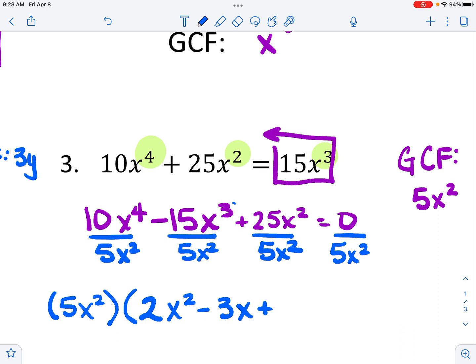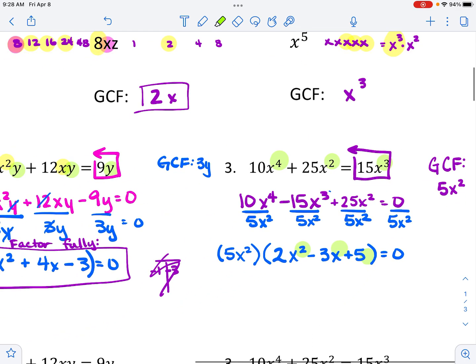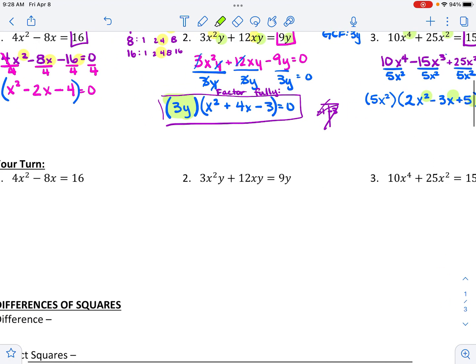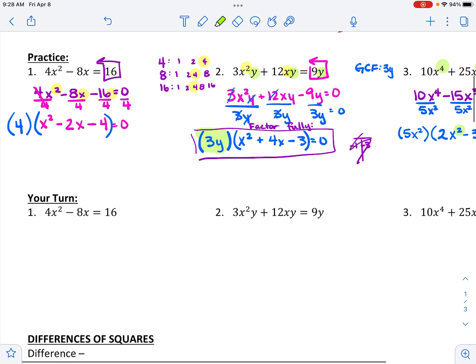We divide, and 2 minus 2 is 0. So please notice we are now in descending order, and everything has been factored appropriately. I'd like you to try the next set.